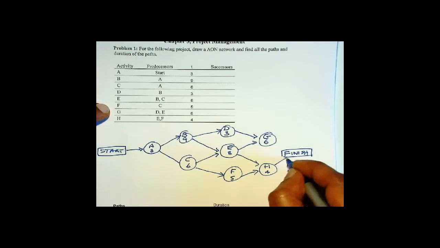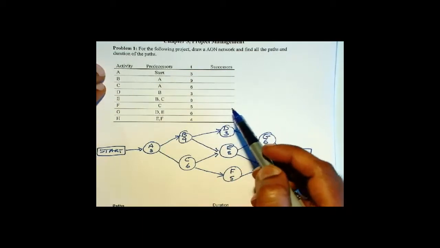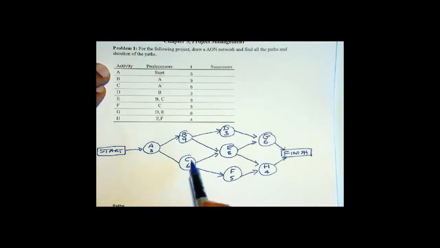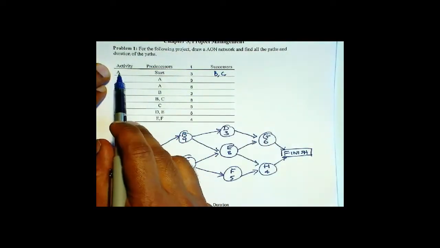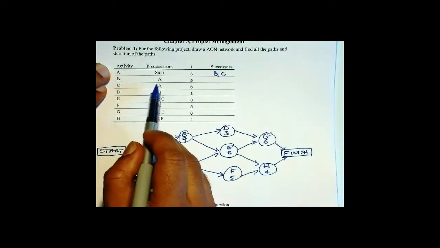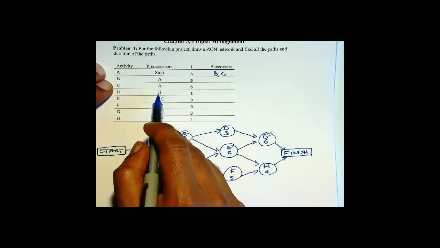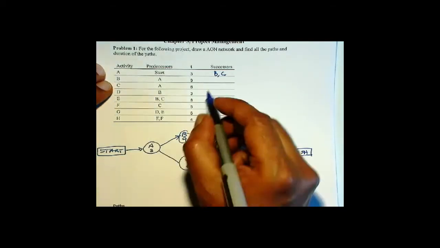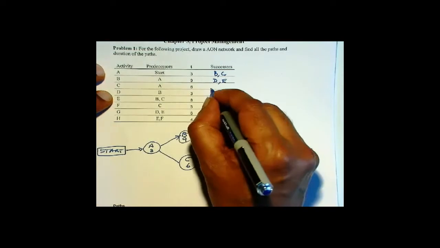Now with this, we can set up the successors. So A's successors are B and C. And we can verify that by looking at for what activities A is a predecessor. So B and C. Then B is a predecessor for D and E. C is a predecessor for E and F. And you can verify that here also.